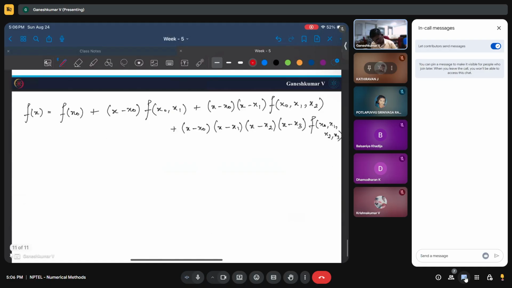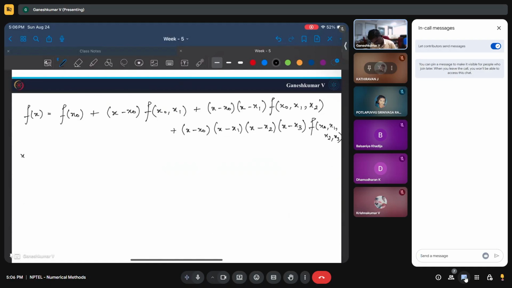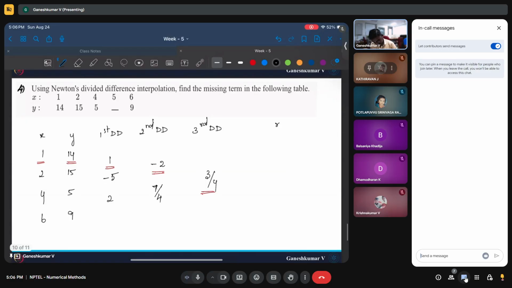Let me just substitute it. What are we asked to find? x is 5, and y is what they are asking.